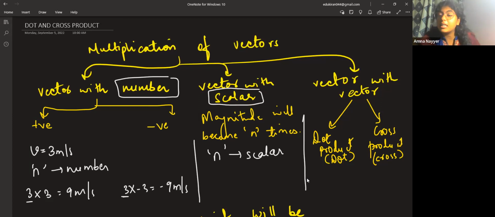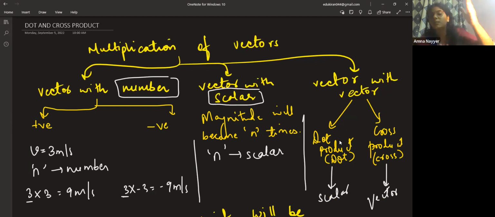But when we multiply vector with vector, here comes the issue. When we multiply a vector quantity with a vector, you cannot directly make it n times. You have two conditions, dot product and cross product. Dot product means the final answer is a scalar answer. Cross product means the final answer is also a vector answer. Dot product, when do we use?